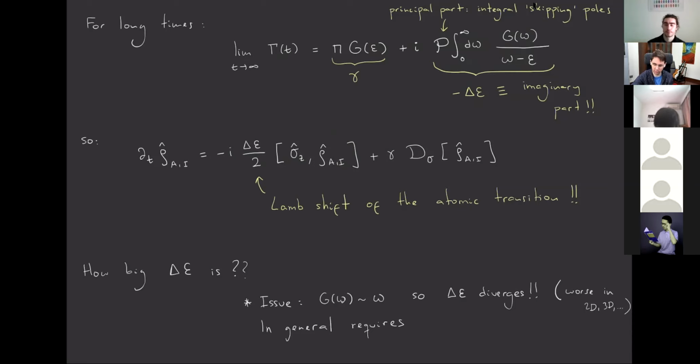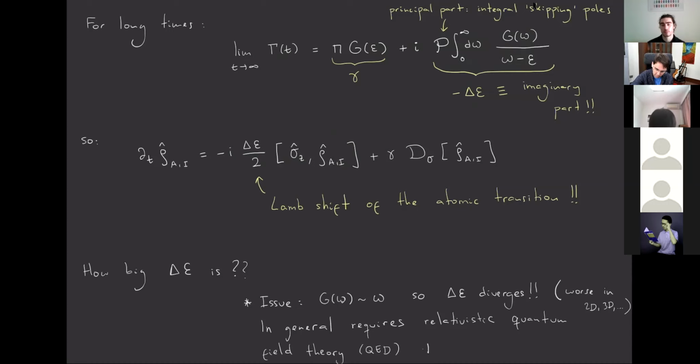So let me just mention that in order to calculate this lamp shift, in general, you need to do it using relativistic quantum field theory or quantum electrodynamics. So let's say QED, quantum electrodynamics. And that's not enough.